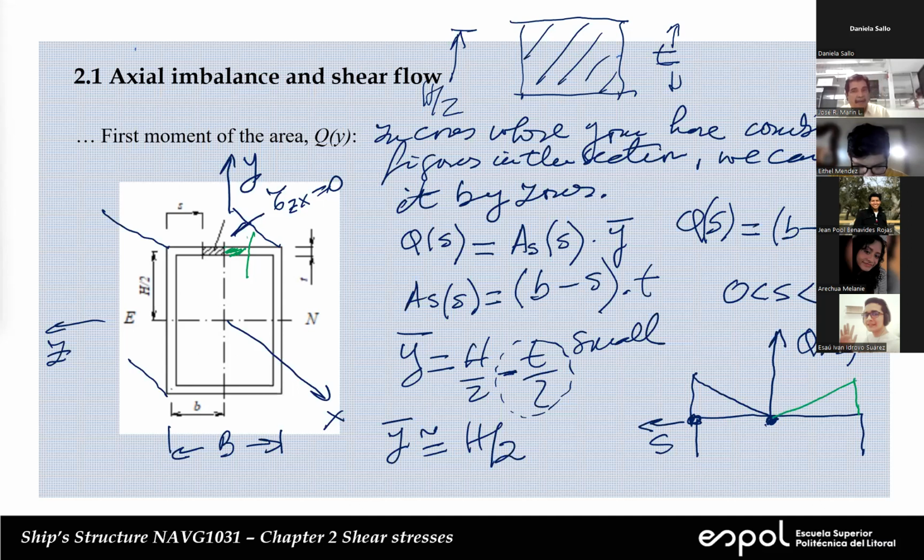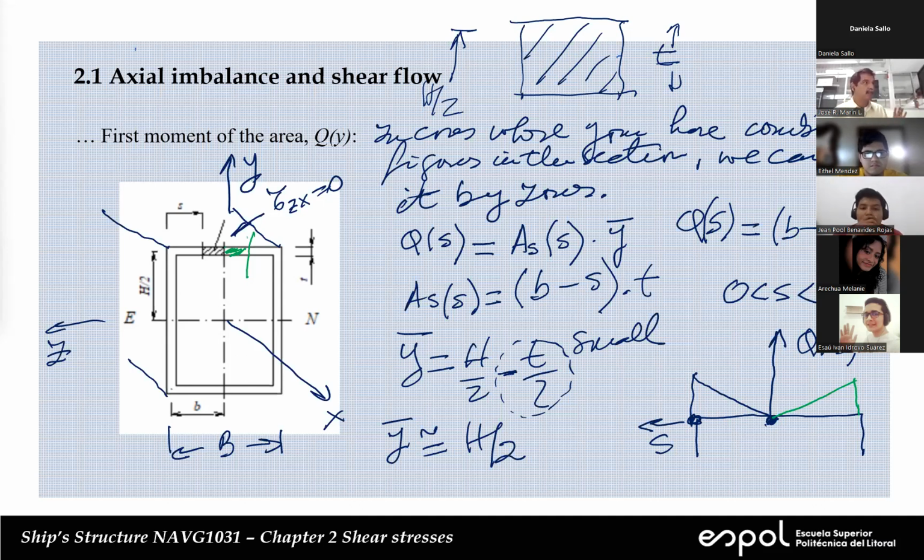Please remember, the area is always positive. There are some movies that tell you there is an anti-area or something like that. No, this is the real world. In the real world, the area is always positive. Now the other parameter, y average, could be positive or negative. But the area is always positive. So be careful with the signs because this is a very delicate matter in this part.